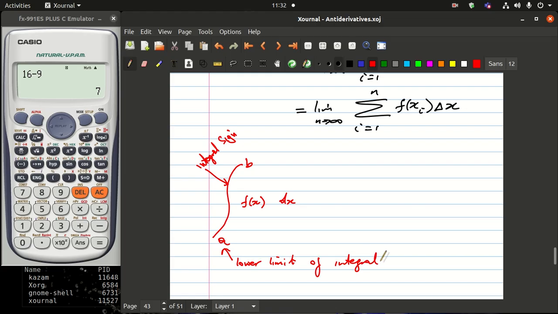And if you look at this one here, we call it the upper limit. So it is an upper limit of integration. And then this f of x here, we call it the integrand. So it is an integrand.